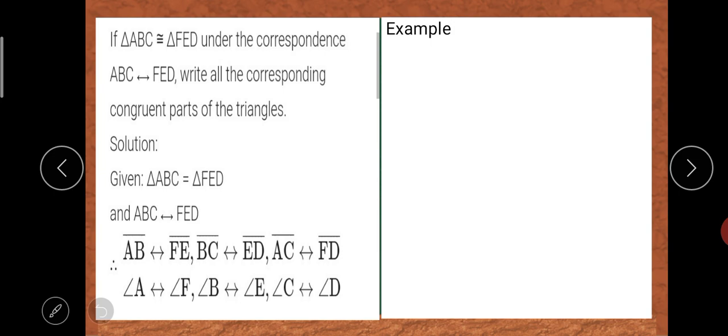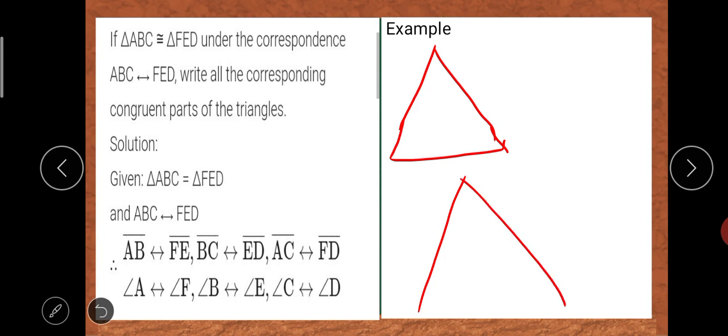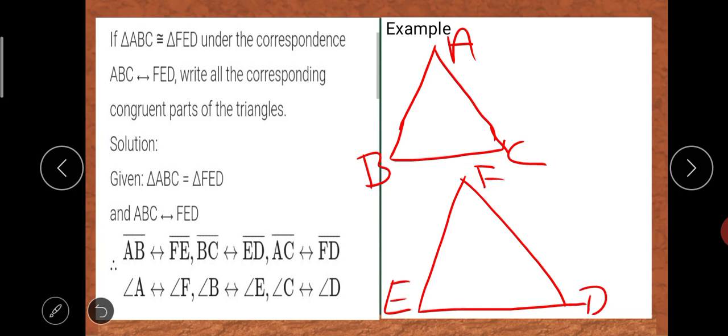So I will draw ABC first, and second I will write FED.